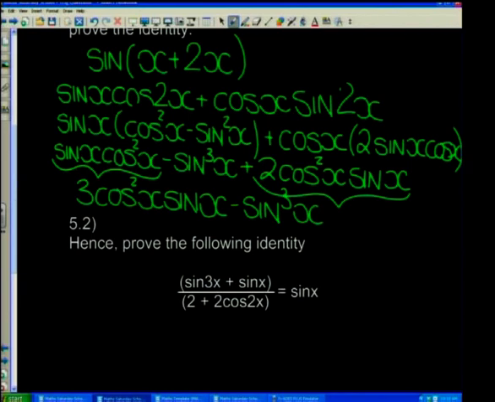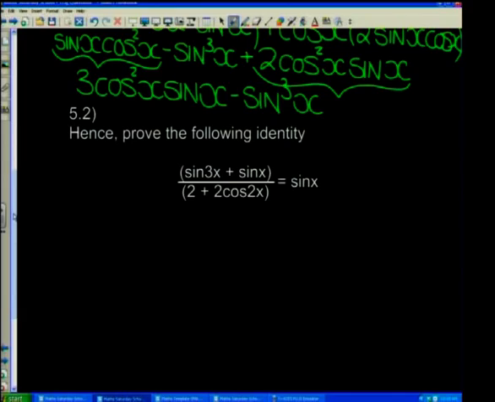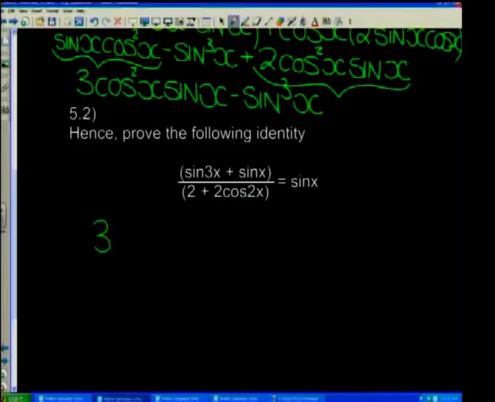Right, what have we got? We've got a cos squared x, we've got a sine x, we've got a sine cubed x over there, which we probably are going to want to get rid of. Okay, so let's see. I'm going to have to just go underneath here, but that's not a problem. We've got 3 cos squared x sine x, minus sine.